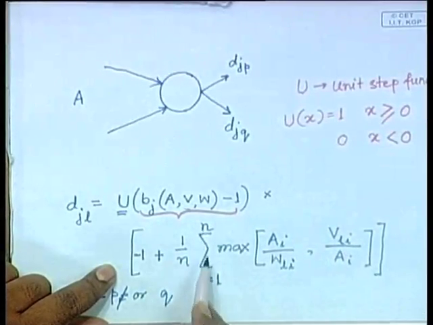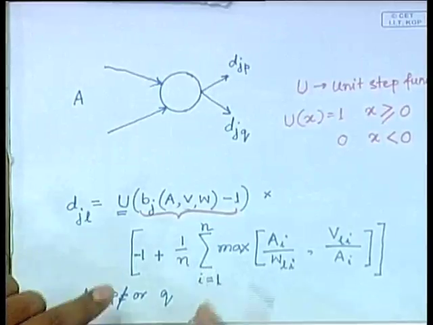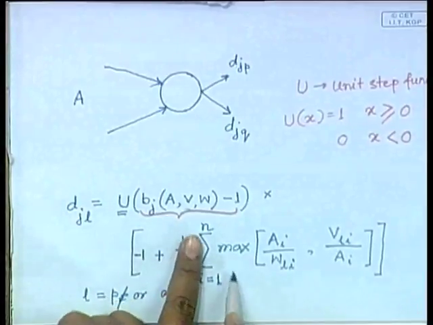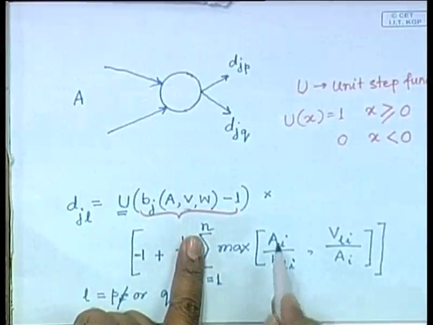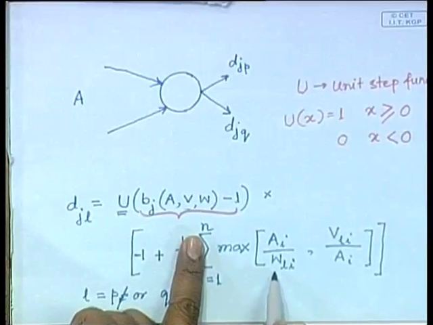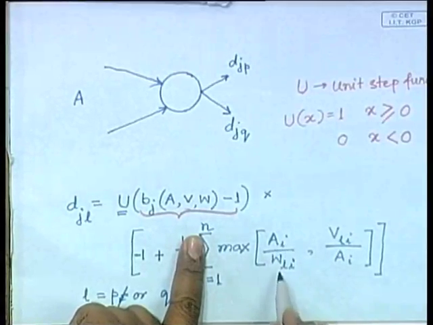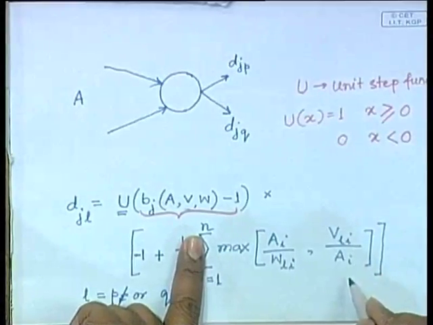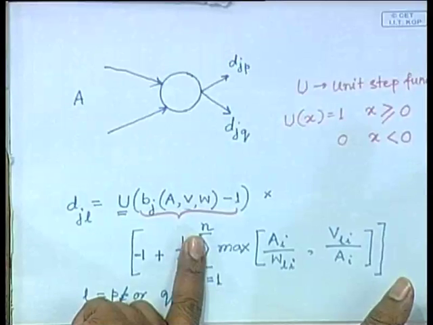So, forgetting about n dimensional feature vectors, if I consider only one dimension, what effectively I will have is max of A upon W L, V L upon A, considering only one dimension.